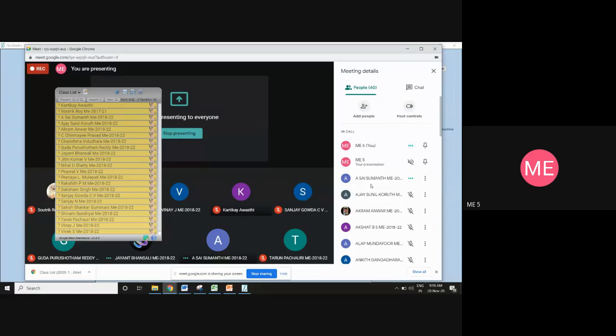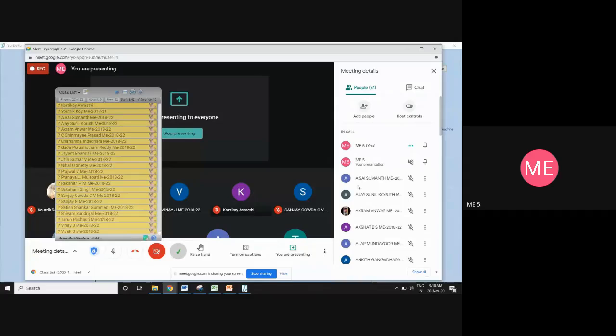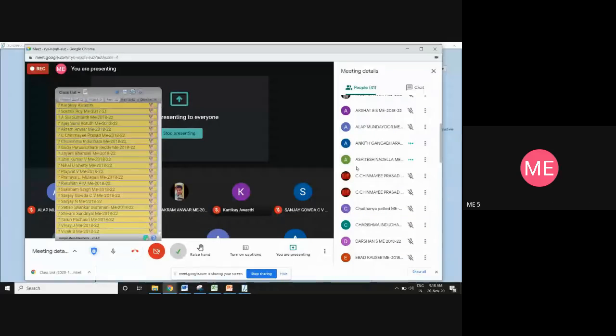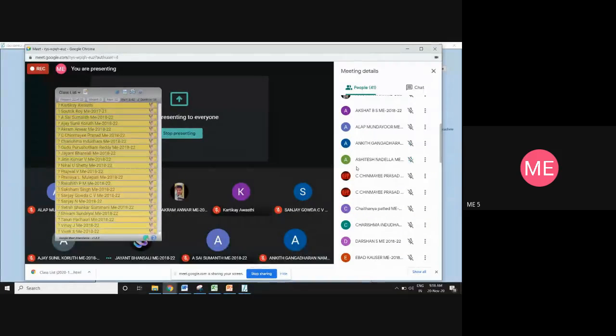Sai Sumant, present, sir. Abhishek. Abhishek Narayana. Adarsh. Ajay, yes, sir. Akram, present, sir. Akshay. Alap, present, sir. Ankit, present, sir. Ashutosh, present, sir.